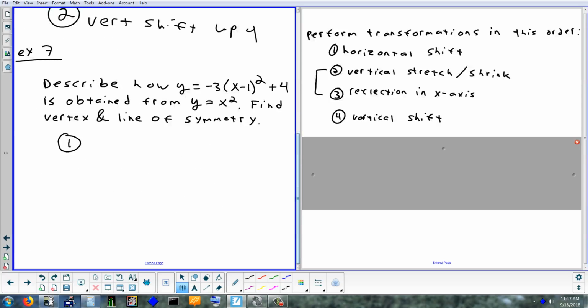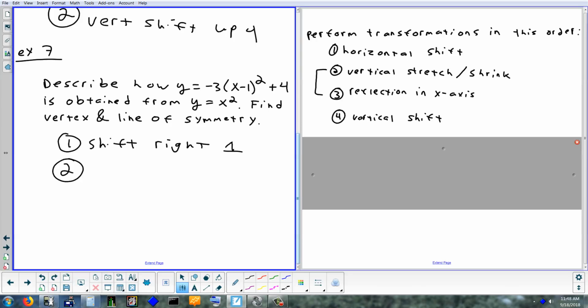Can anyone tell me the first transformation? Connor? It would be a horizontal shift. It would be to the right one. Yes. So look at the number after the minus sign. It's a 1. 1 goes to the right. So shift right 1. First one.